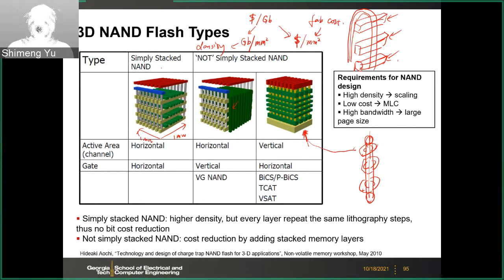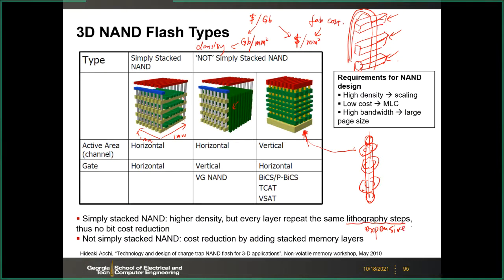So for the simply stacked NAND flash, the fab cost also increases, because the fab cost is related to how many fabrication steps you introduced in this process. If you do the simple stacking, you need to repeat all the fabrication steps layer by layer. And the most expensive step in the fabrication is the litho. So litho here is the most expensive.